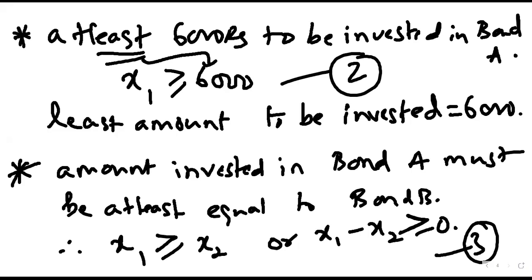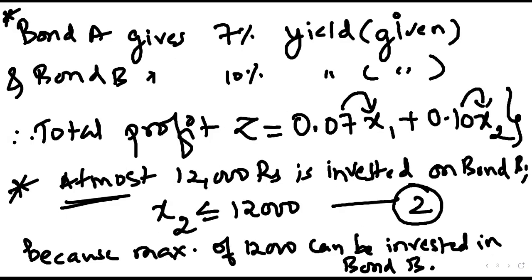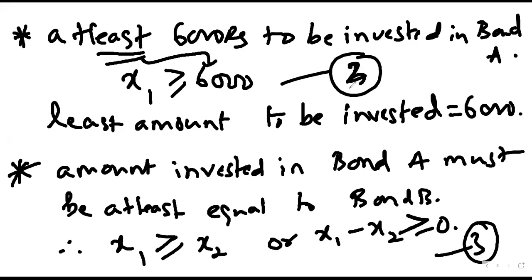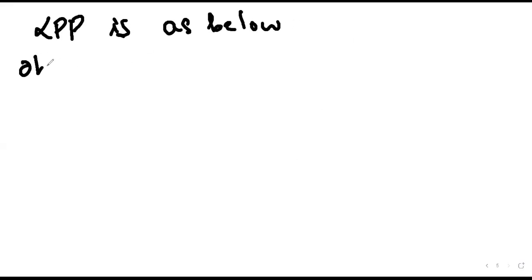Okay, so only thing is that now we have to start summarizing. So how many equations are possible here? Four. Correct. Four constraints are possible. All right, so finally, LPP, linear program problem. What is the objective?